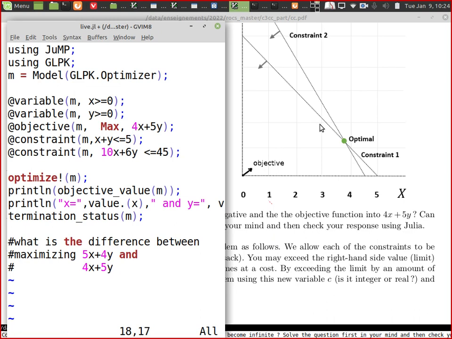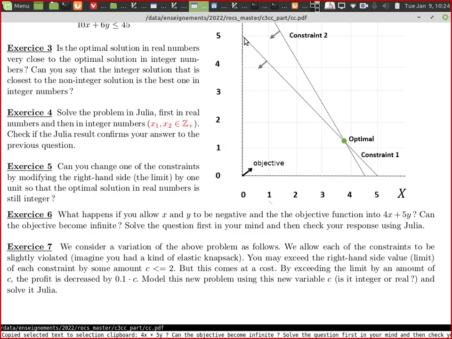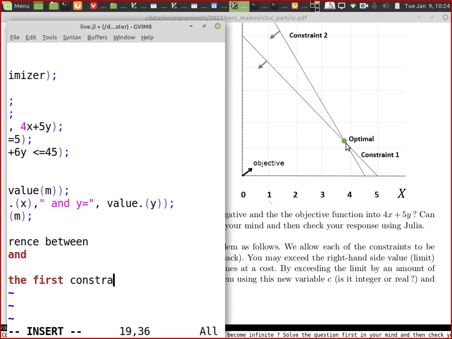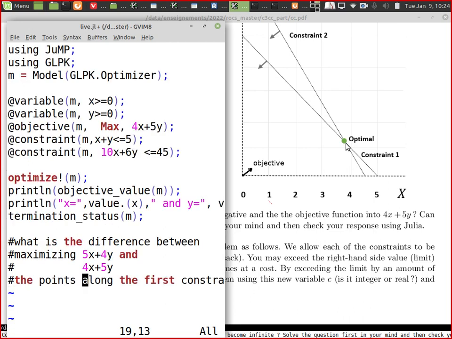Look at what happens along the first constraint. What happens along the first constraint? I will write the point. The points on the first constraint satisfy x plus y equal 5.